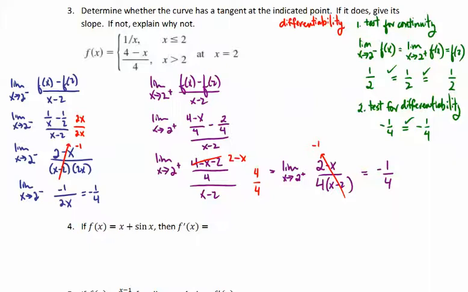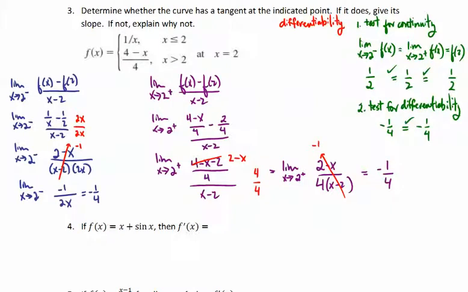So again, recap. To show that a function is differentiable at a point, we first need to test for continuity by taking the limit from the left, the limit from the right, and these should both equal each other, and the value of the function at that point.